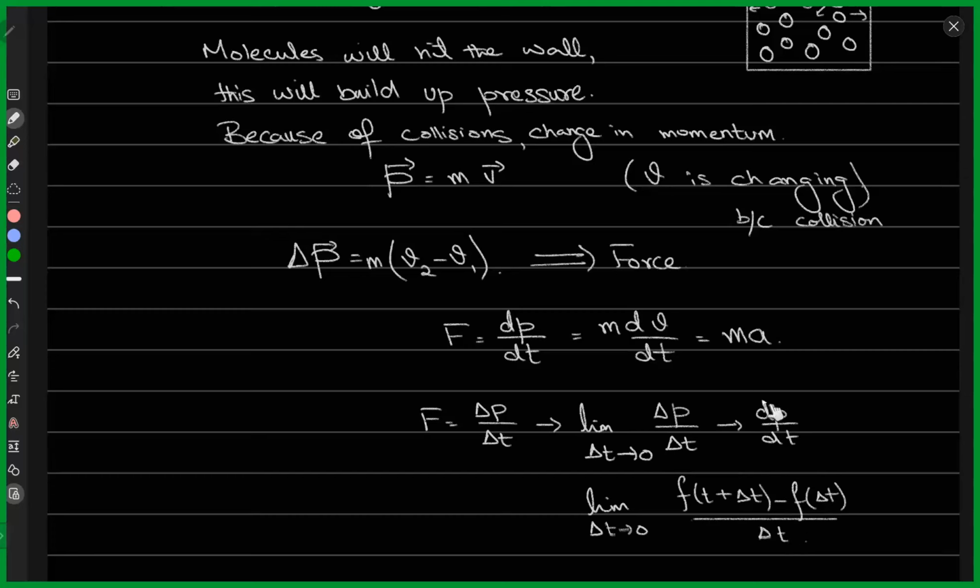So this dP is behaving as this function, and dt is this delta t, and then this goes to 0. So this converts to derivative df. You can say it as df over dt. So this is how a derivative is really defined in mathematics. This is function of t, sorry.